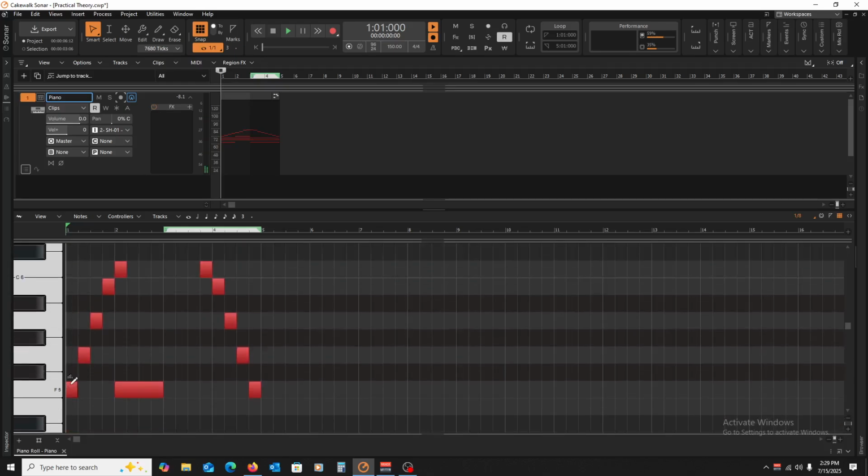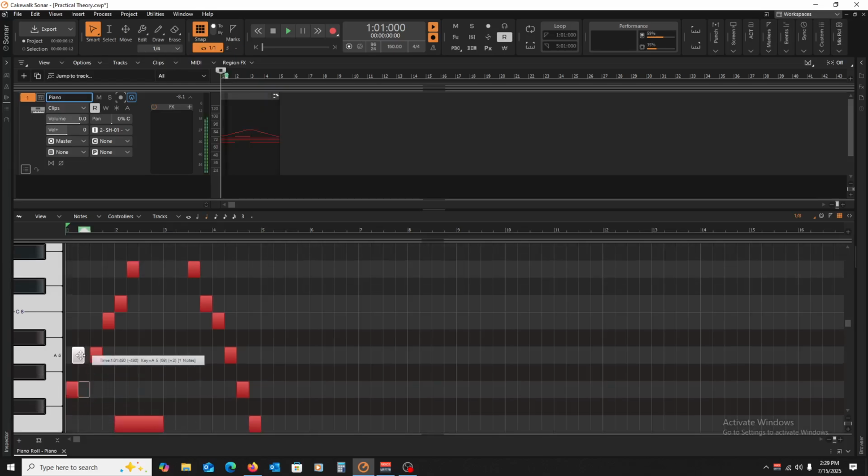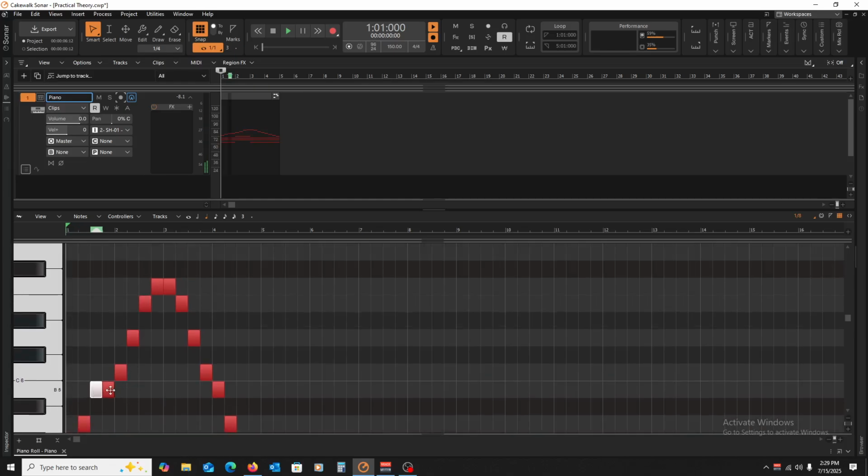And again, we're keeping these super simple. We're doing a 1-3-1 chord progression, and we're just playing out the scales.